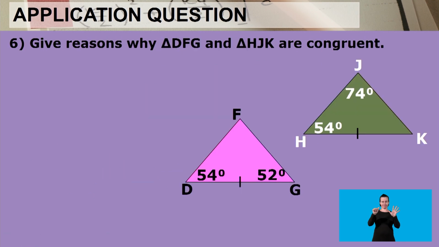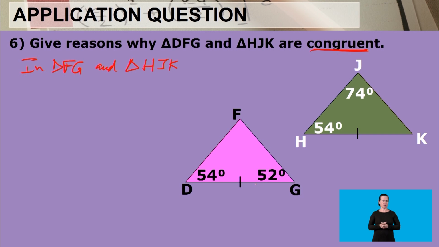Give reasons why triangle DFG and triangle HJK are congruent. Again, let's single them out. In triangle DFG and triangle HJK, what I know is that I'm looking for 3 reasons to prove congruency.